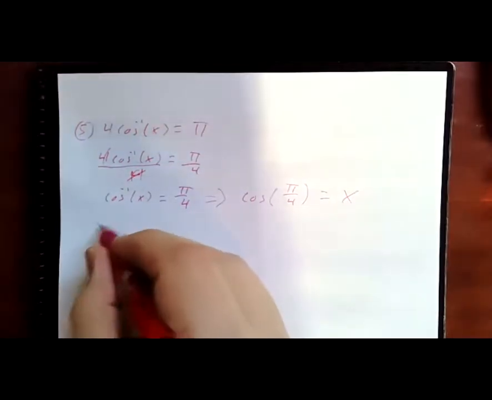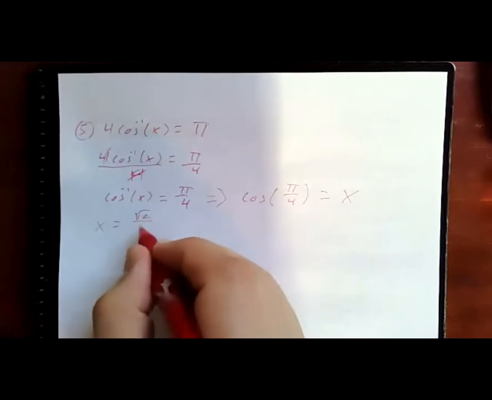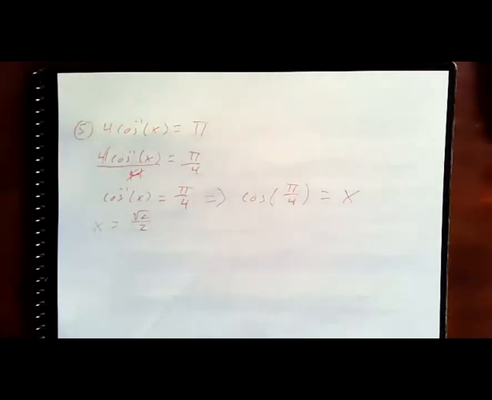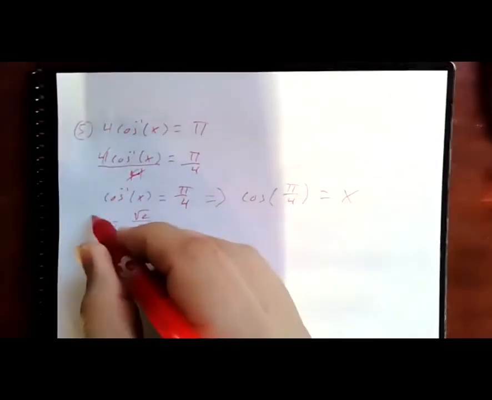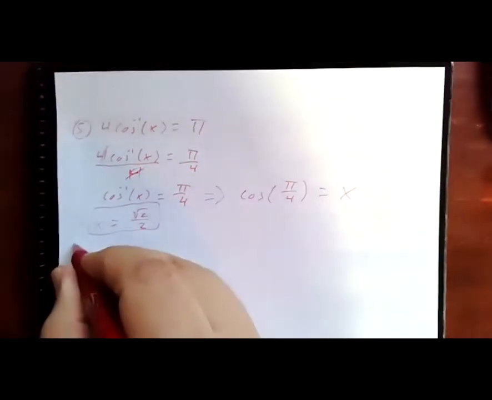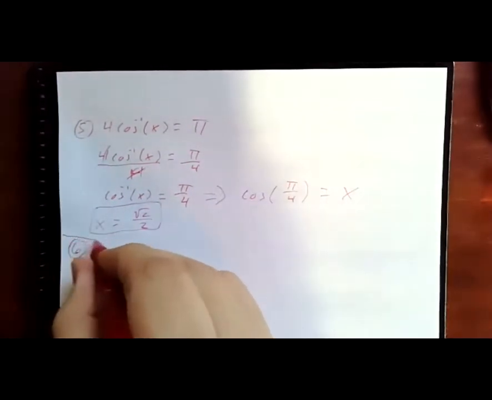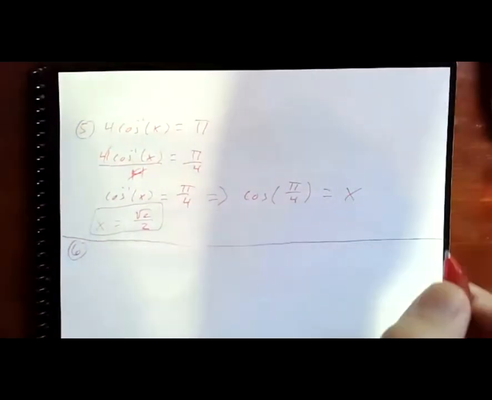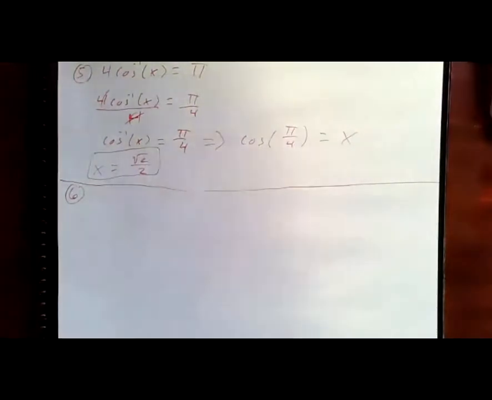Yeah, so x would be square root 2 over 2 using the unit circle. Which I think is answer B. Number 6. Are there any questions on 5? Just make sure you write down the definitions on your formula sheet.